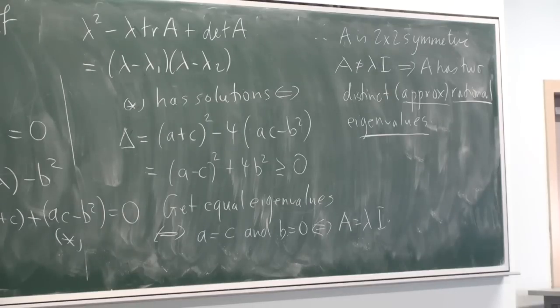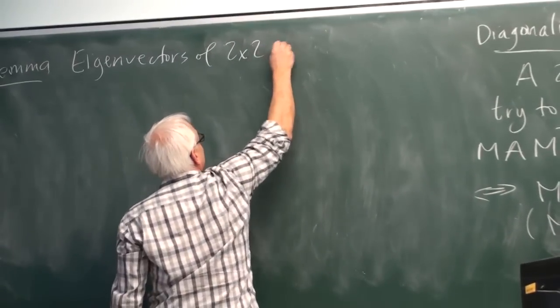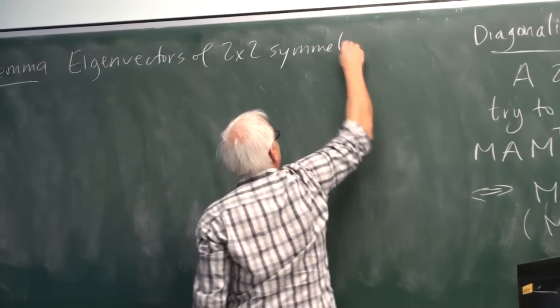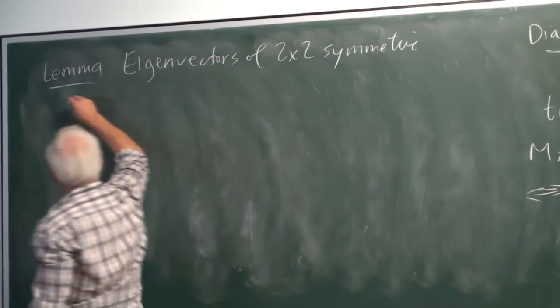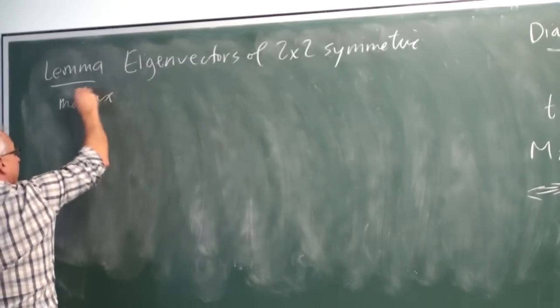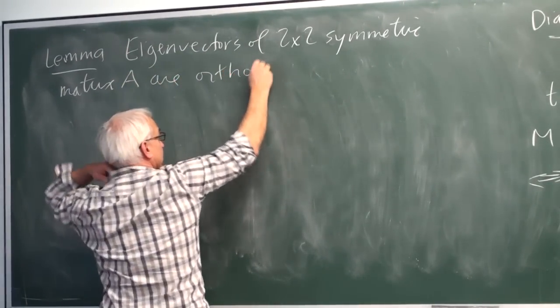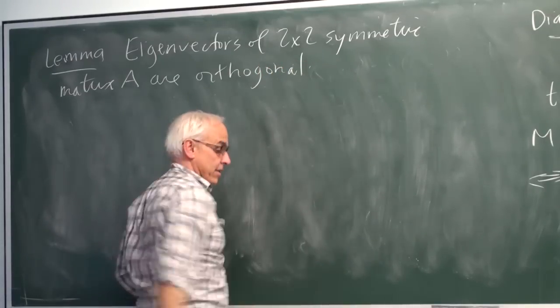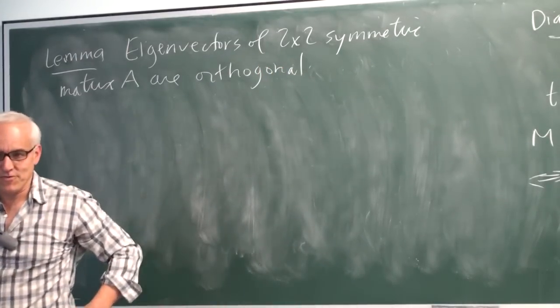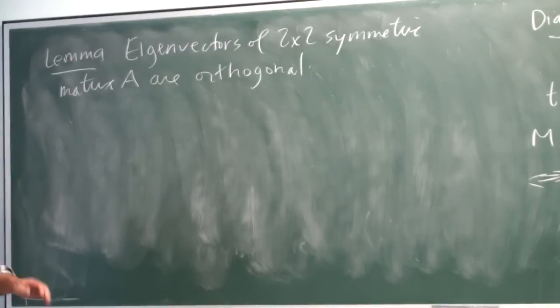And there's one other important property. The other fact, which I'll write as a lemma, is that the eigenvectors of a 2 by 2 symmetric matrix A are orthogonal. Well, actually, the argument is valid for an n by n symmetric matrix just as well.